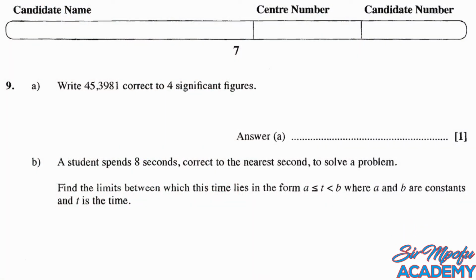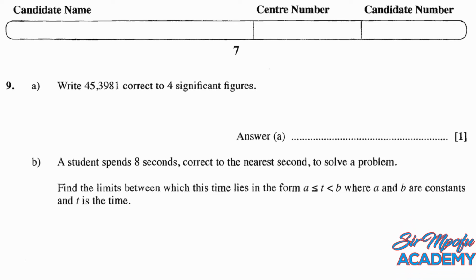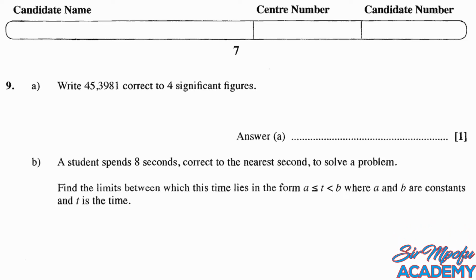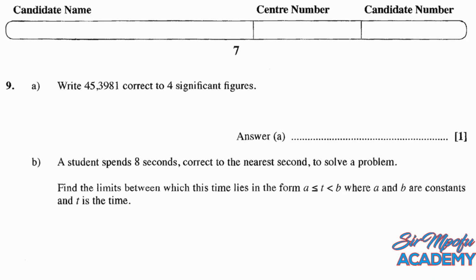A student spends 8 seconds correct to the nearest second to solve a problem. Find the limits between which this time lies in the form a less than or equal to t less than b, where a and b are constants and t is the time.